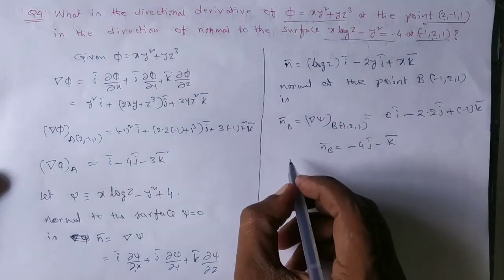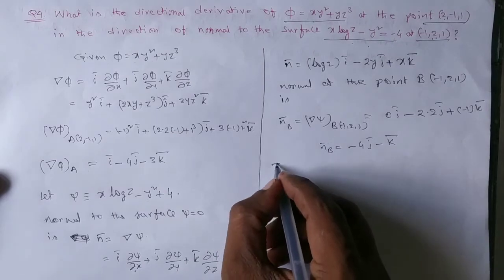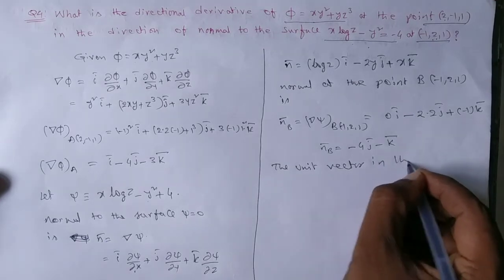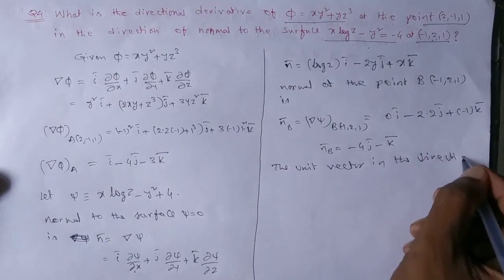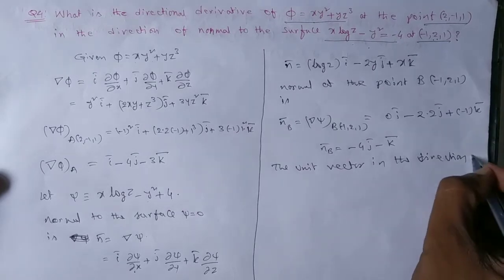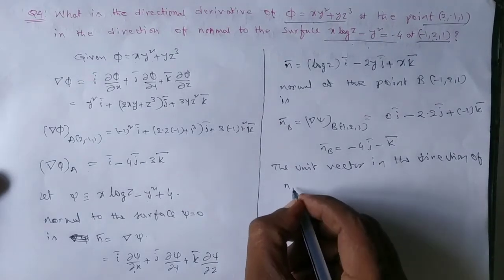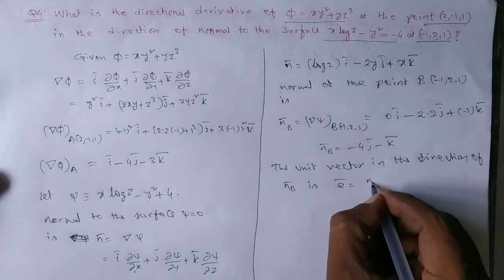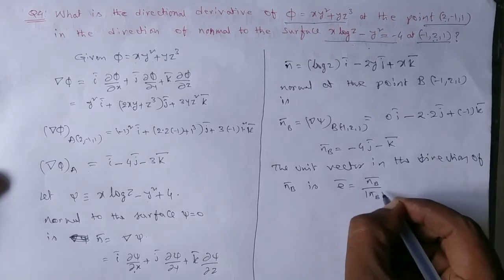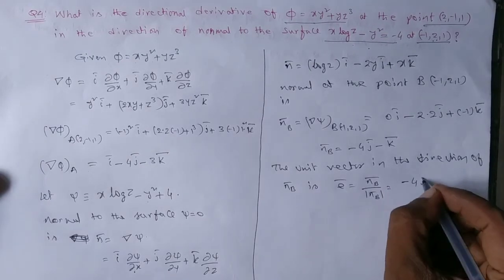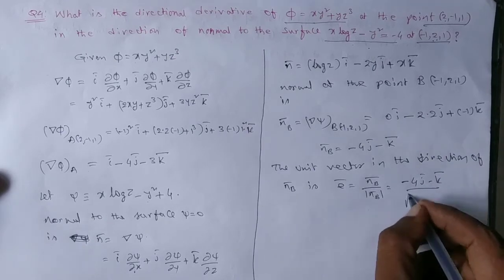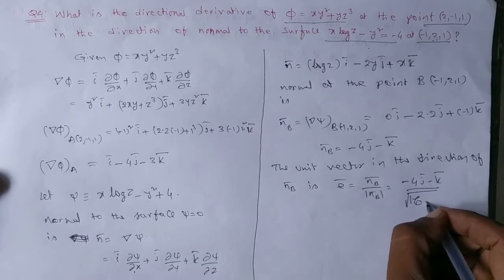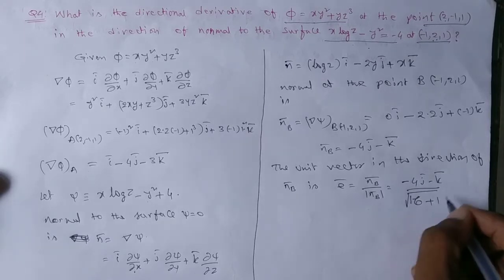Now we want a unit vector in this direction. Therefore, the unit vector in the direction of n B bar is e bar equal to n B bar by modulus of n B bar, that is minus 4 j bar minus k bar by square root of 16 plus 1.